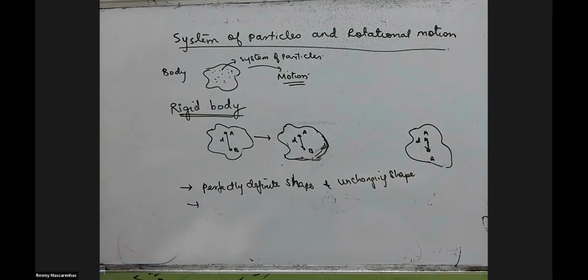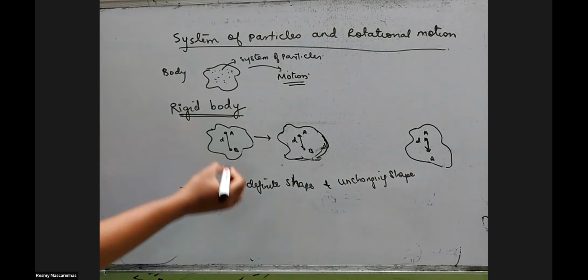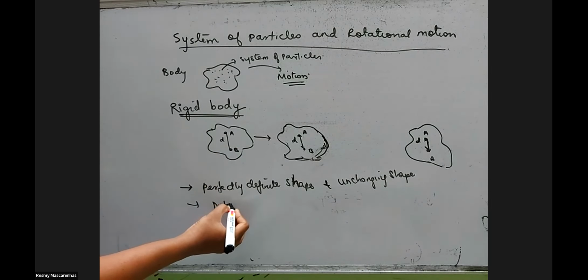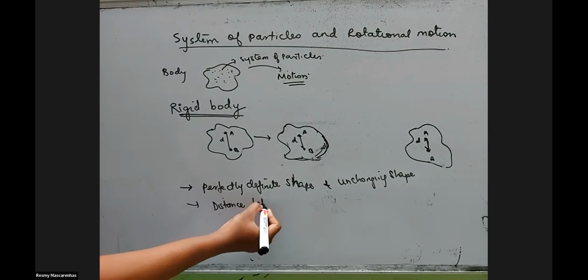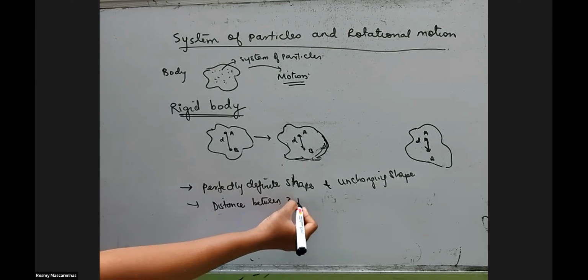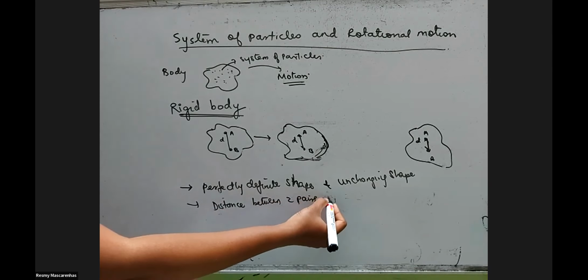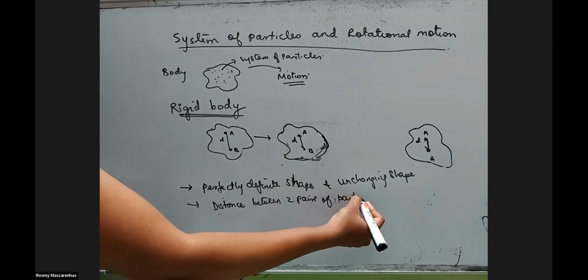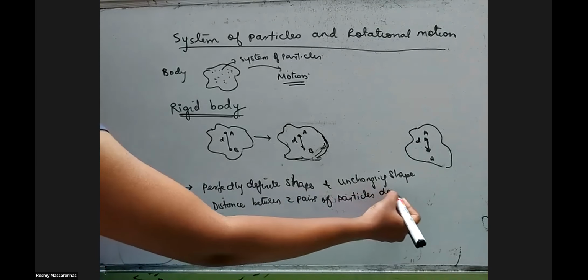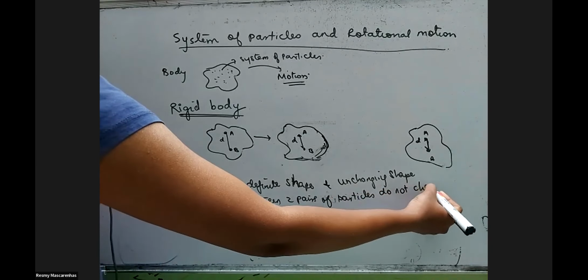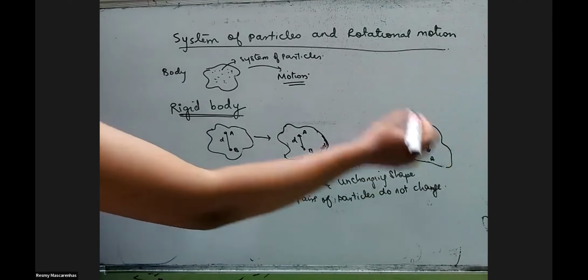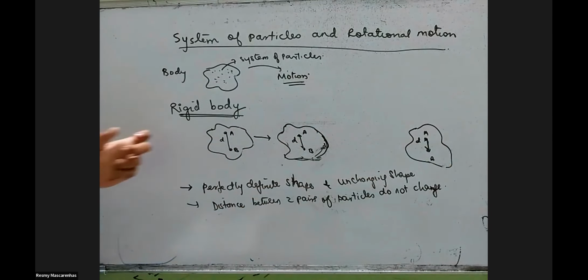The second thing, the distances between the different pairs do not change. The distance will never change. So this is the definition of a rigid body.